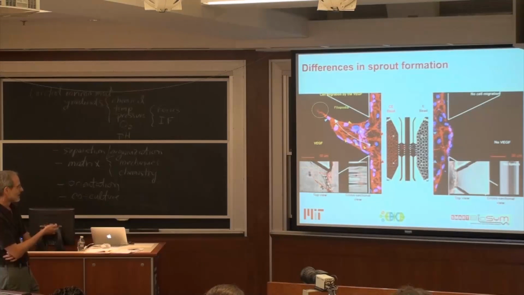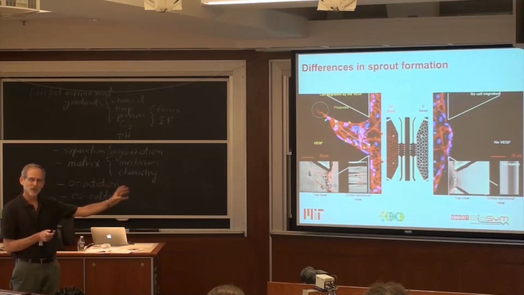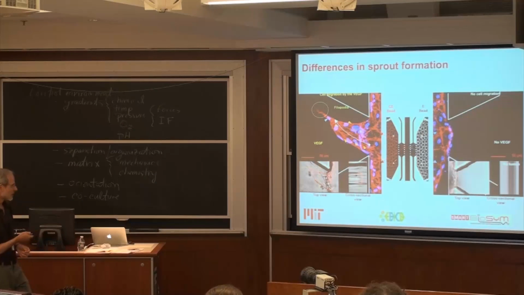And what you see is a gross asymmetry between the vessels that sprout into the gel on the left-hand side, where the VEGF plus other growth factors are being secreted, as opposed to the right-hand side where the beads are empty and you're not getting any secretion. So it's an experiment that allows you to have kind of an internal control. On one side you have the cell secreting factors, and the other side you have sort of a control case.